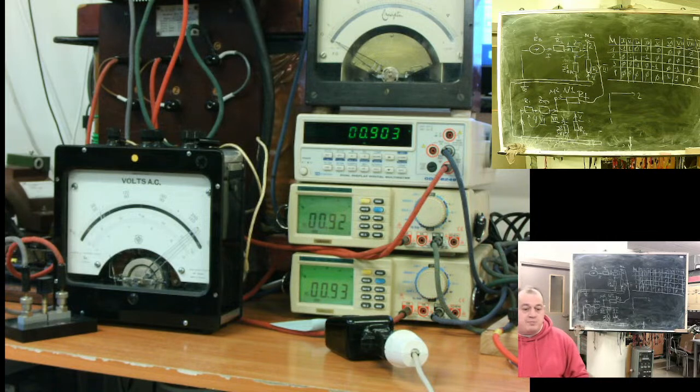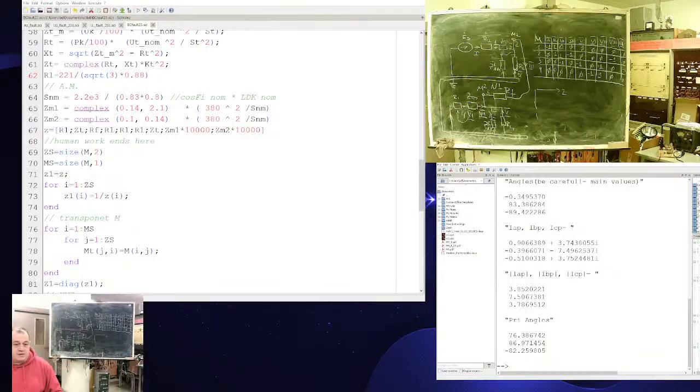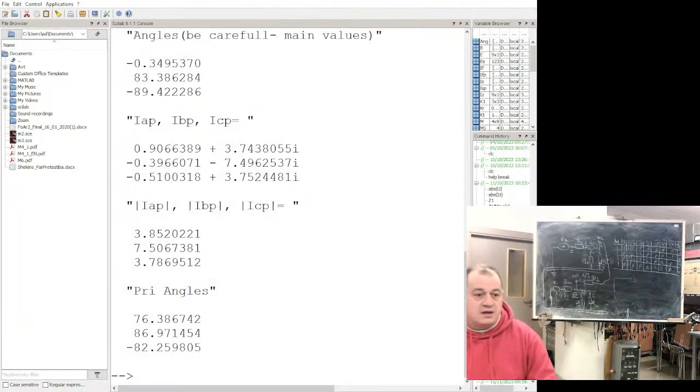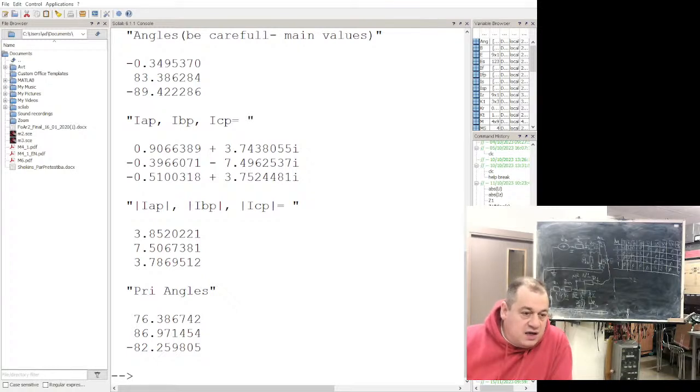Here are my primary data. I'm seeing 3.9 in A phase, 7.5 in B, 3.8 in C. Angles are tricky.